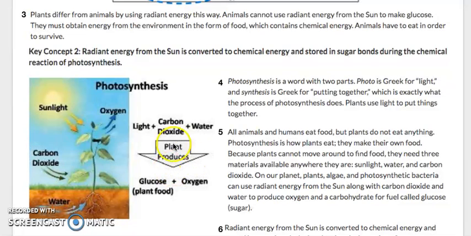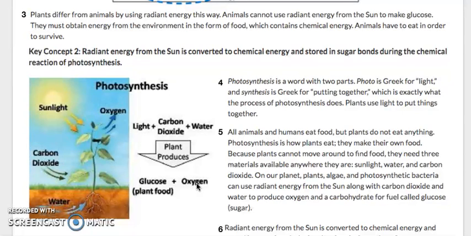Same thing right here. The plant produces, this is when photosynthesis takes place, glucose, which stays in the plant, and oxygen, which is given off in the air. All animals and humans eat food, but plants do not eat anything. Photosynthesis is how plants eat. They make their own food.